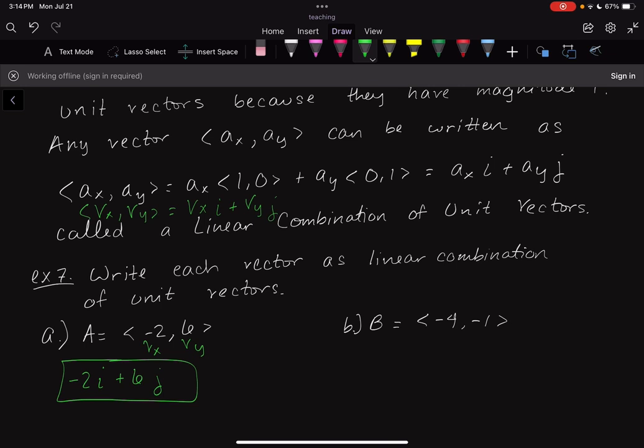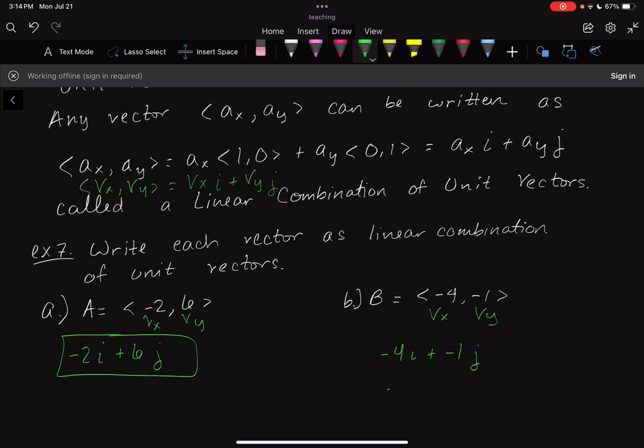For part b, this is my vx, this is my vy. So I'm writing it as my vx times i, so -4 times i, plus my vy times j. Now this one you can write a little nicer and just say -4i minus j. And that's it.